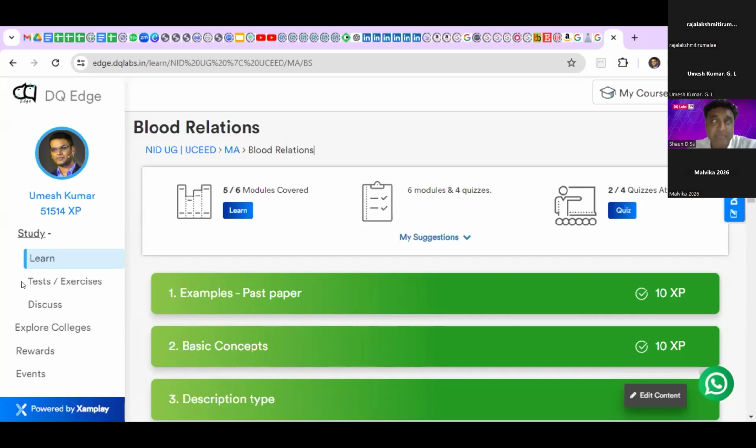For the UCEED. NID, that's not the case. NID, they will give you an approximation, and generally it varies between 70-30 or 60-40 year on year. That is one part of variation. To answer your question, I'm answering it in 2 parts. The second part of variation is the syllabus itself. In this also, the creative part and the theory part.